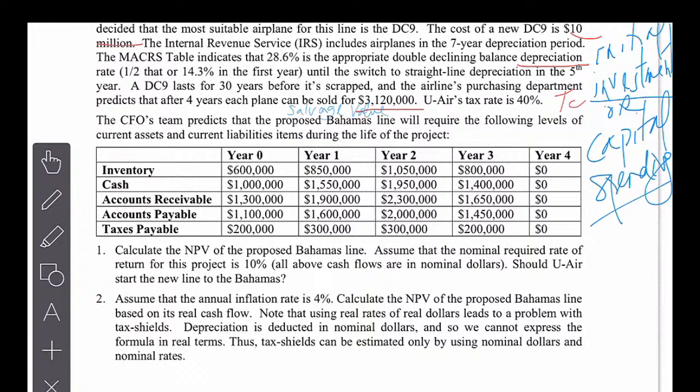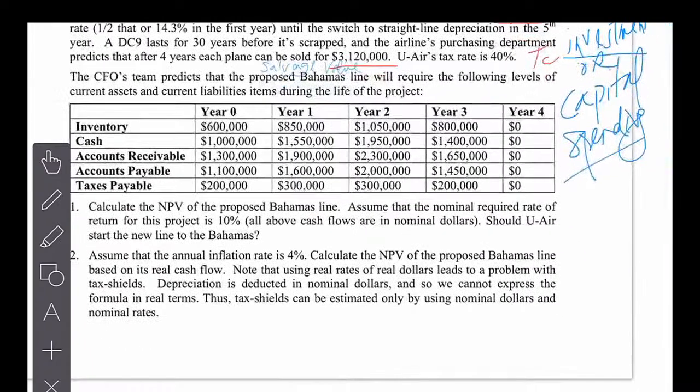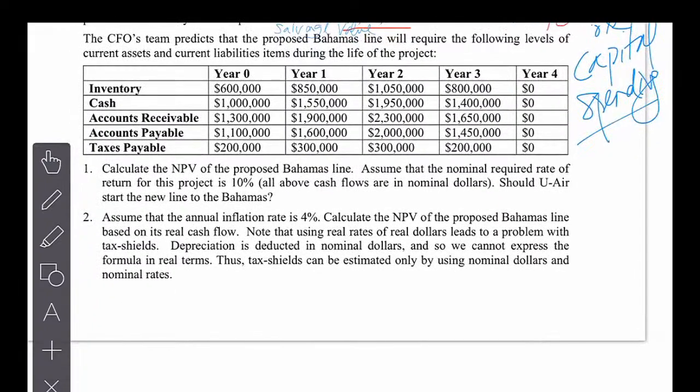But these are other things that we have to include. Okay, we have current assets and current liabilities estimated. Remember, this is all estimated. I didn't ask you to estimate it, so although you see a lot here, I'm doing you a favor with all this detail. So what you have here are, okay, so we need inventory.